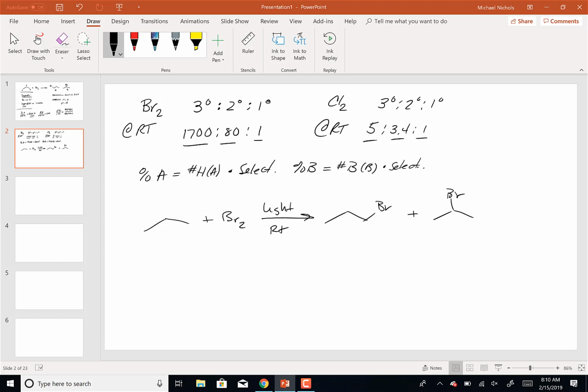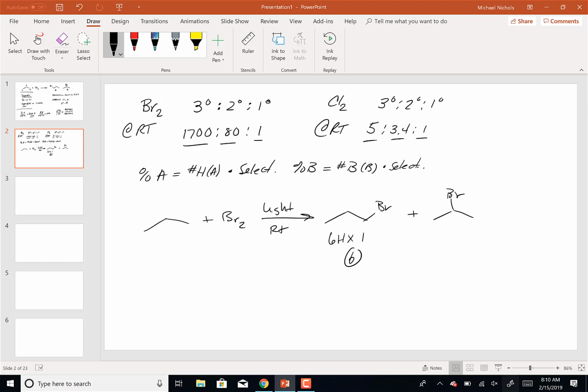So the percentage of product A, there were 6 hydrogens times what type of radical formed product A? Primary, secondary, tertiary? Primary. So that selectivity is 1. So it gives me a number of 6.